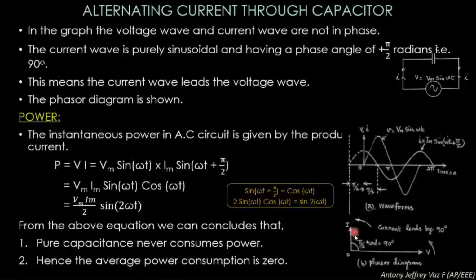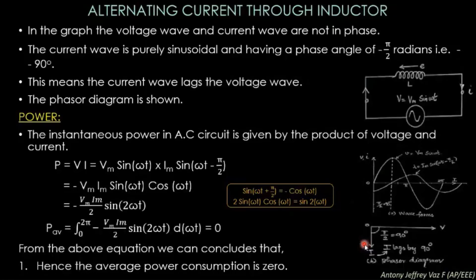For capacitance, you can see the current wave is in the upward direction, which is plus 90 degree, whereas in the inductive circuit, the current is declined in the phasor diagram by an angle of minus 90 degree.